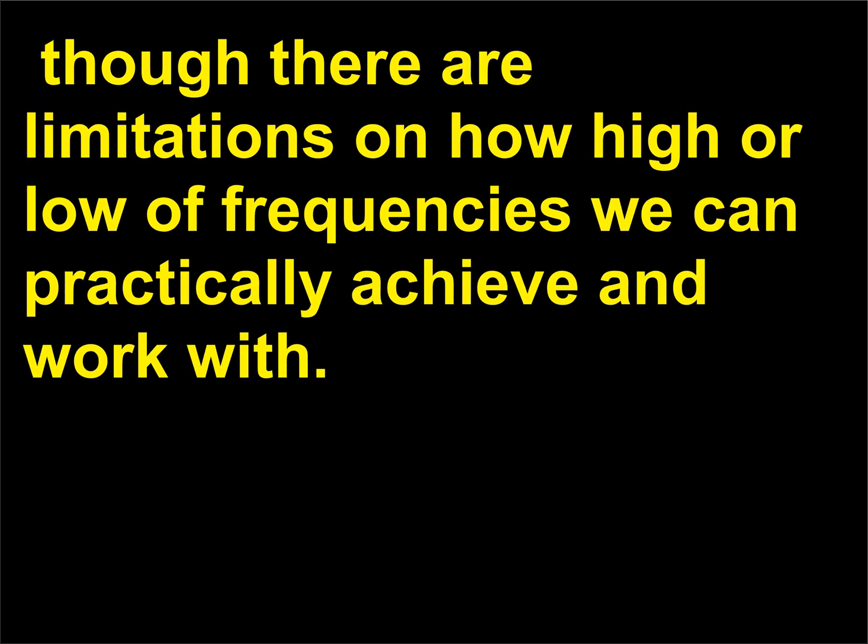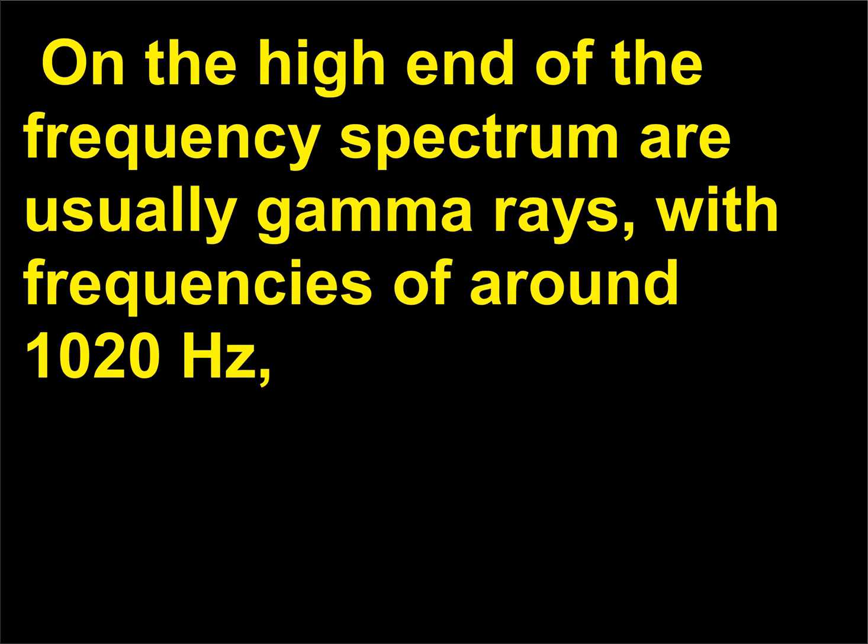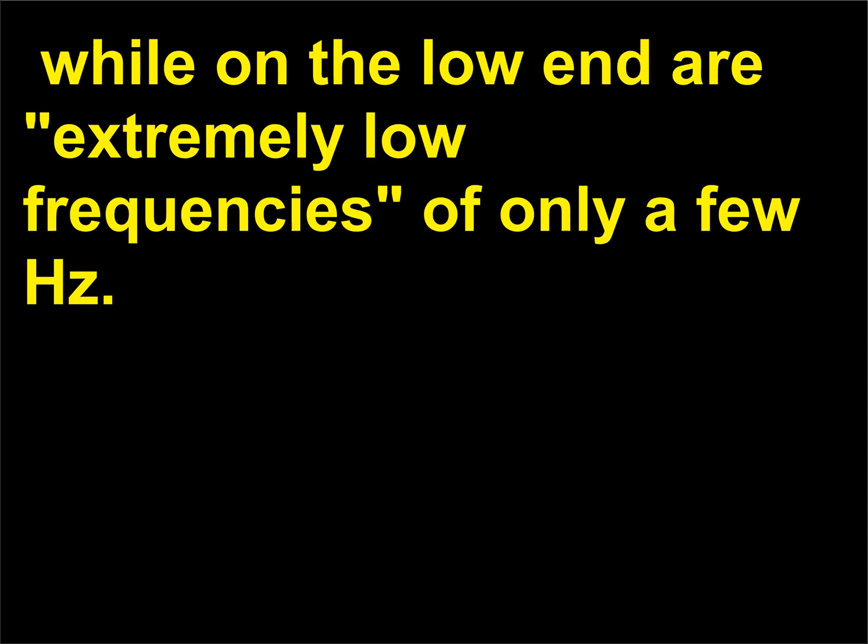Though there are limitations on how high or low of frequencies we can practically achieve and work with. On the high end of the frequency spectrum are usually gamma rays, with frequencies of around 10^20 Hz. While on the low end are extremely low frequencies of only a few Hz.